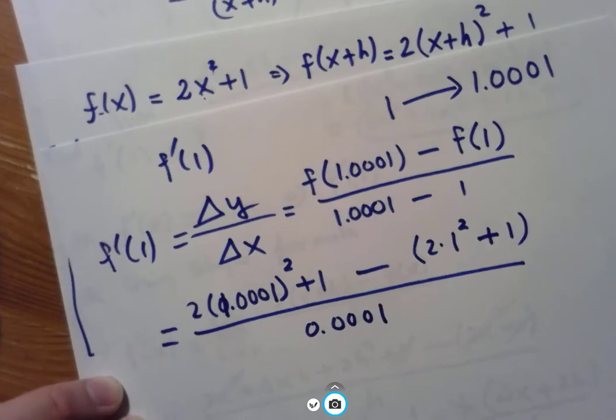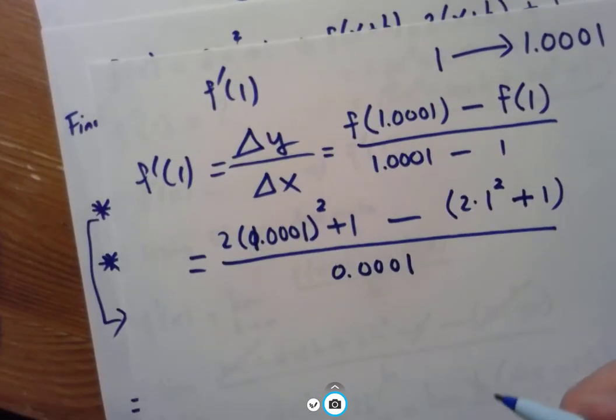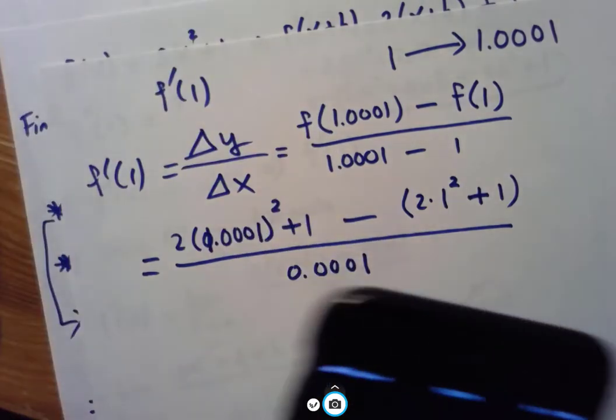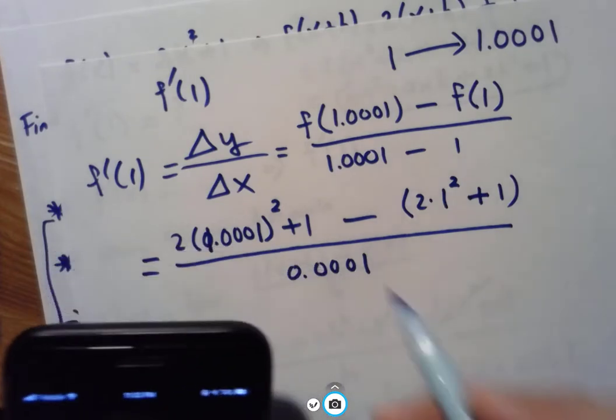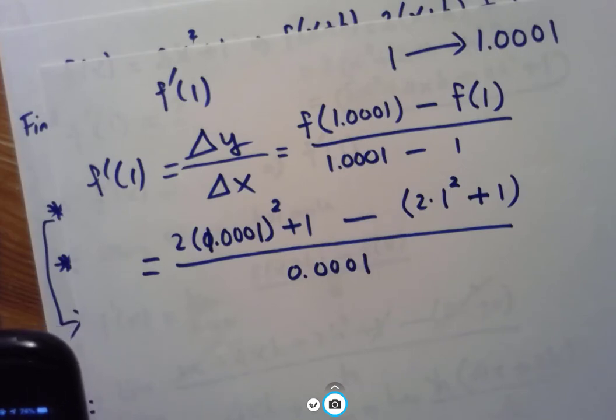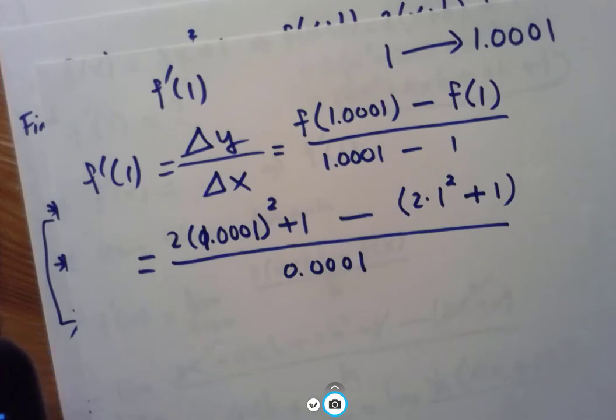And that should equal to 0.0001 in the denominator. Now let me try to plug this into the calculator. So 1.0001 squared, multiply that by 2, and then add 1 to that.